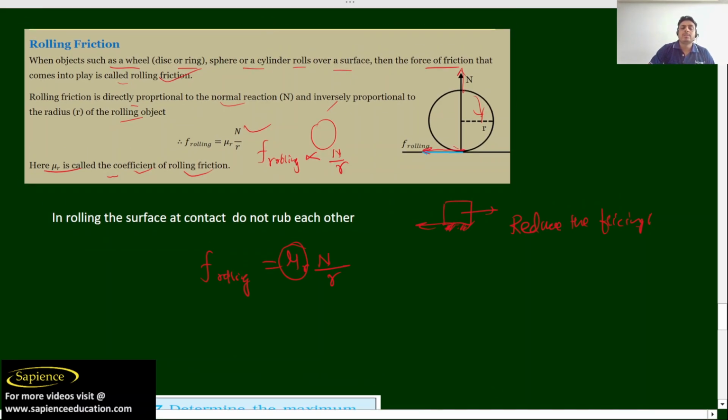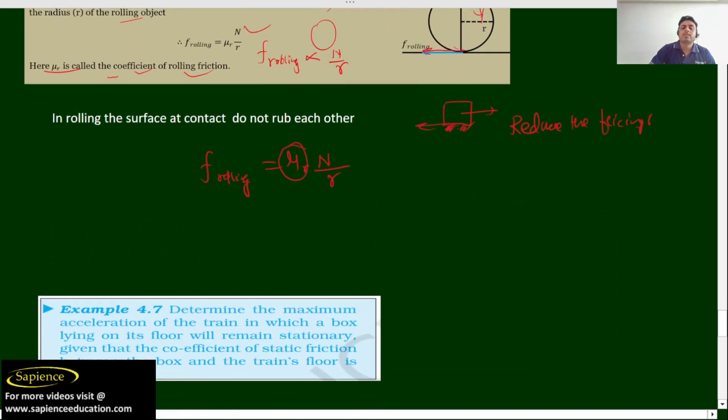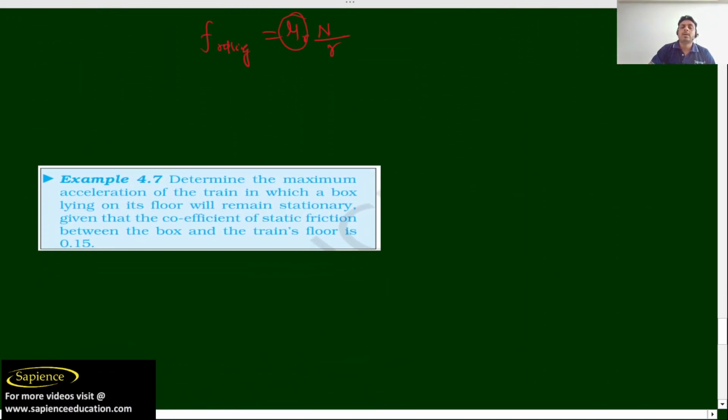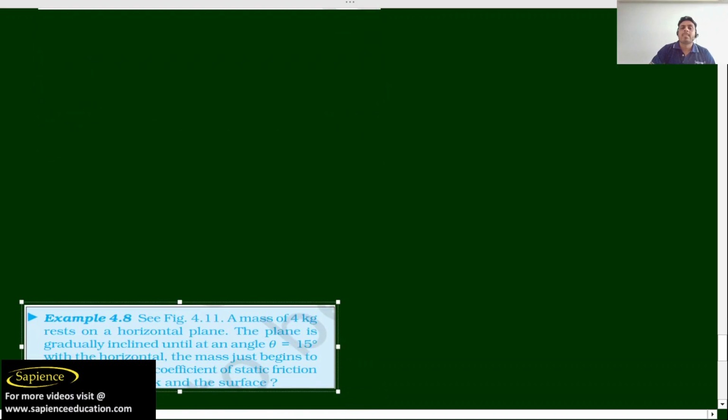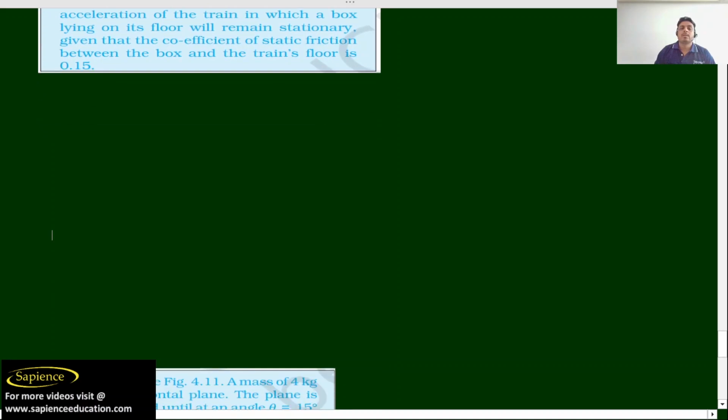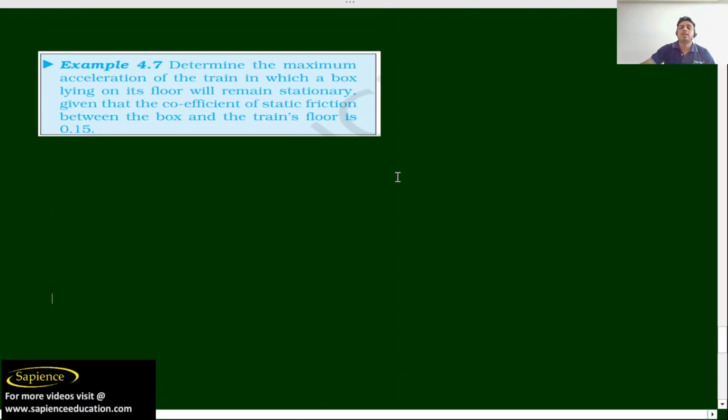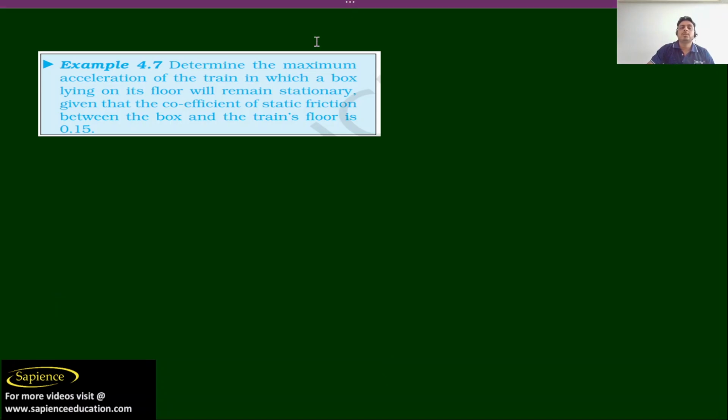Now I will solve some problems so that you will understand how to solve the numericals of friction. The question I am taking is question number one. It's an example from the NCERT book, example 4.7.